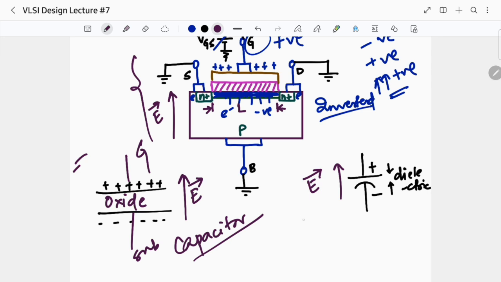If you remember, in our initial classes I had discussed the full form of MOSFET, and the E stands for electric field.